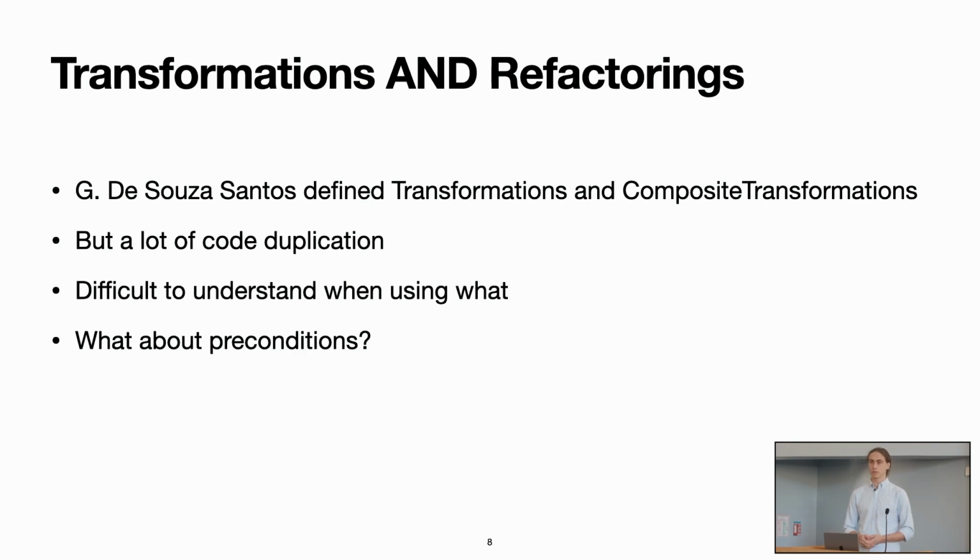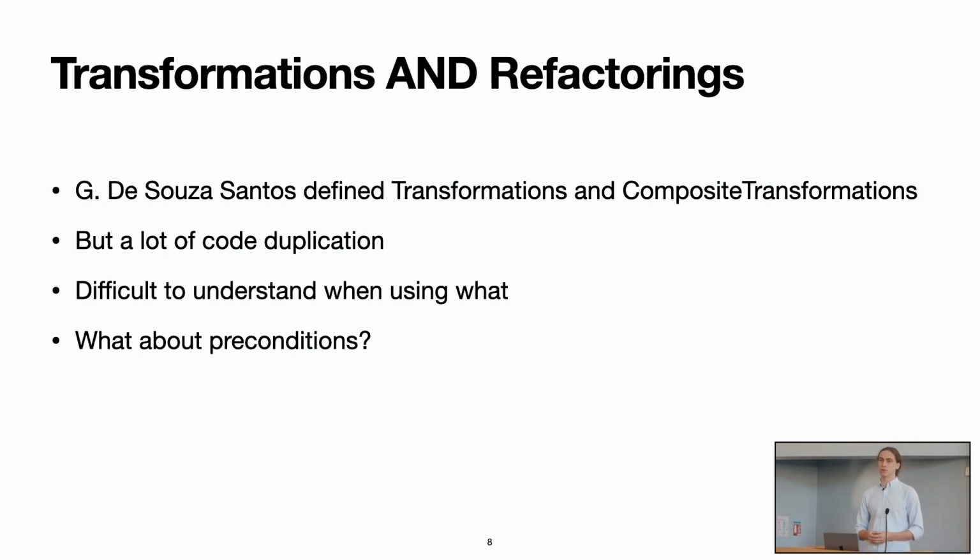So what is the relationship between transformations and refactorings? Gustavo de Souza Santos defined transformations and composite transformations, actually. So in Pharo, we have two packages. One is for refactoring, the other is for transformation. And the transformations and composite transformations are really nice, but they actually brought a lot of code duplication because they're the same refactoring and transformation with the same name and similar execution logic and preconditions and everything.